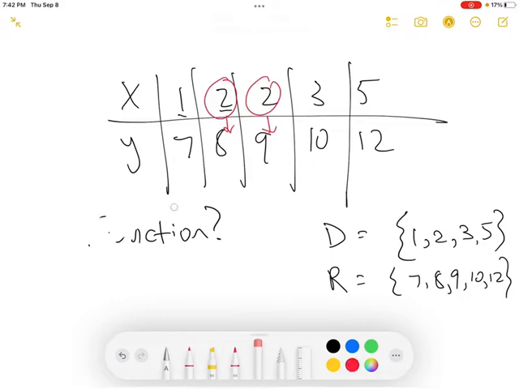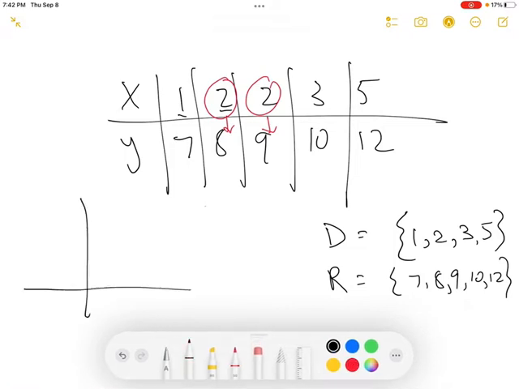Let's go ahead and look at what this is like when we graph it. So when we graph it, it's going to look like this. I've got 1, 7, I've got 2, 8, I've got 2, 9, that extra point, I've got 3, 10, and I've got 5, 12.